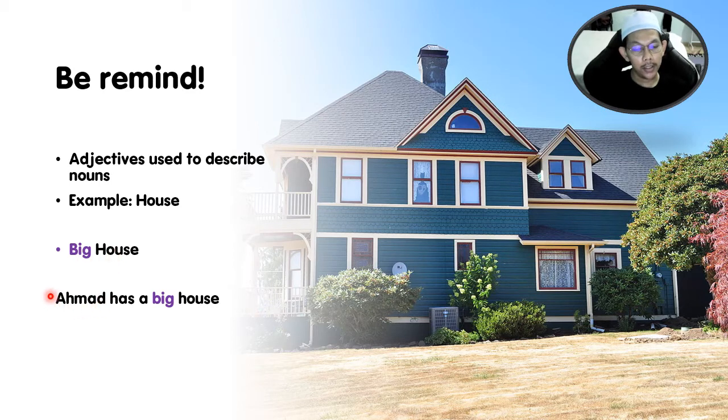So the sentence is: Ahmad has a big house. Ahmad is the subject, has is a verb, and a big house is the predicate, pelengkap ayat. So we are focusing on big and house for today.